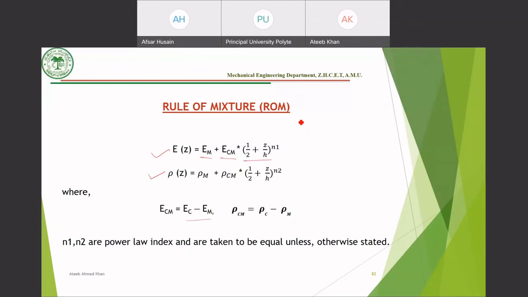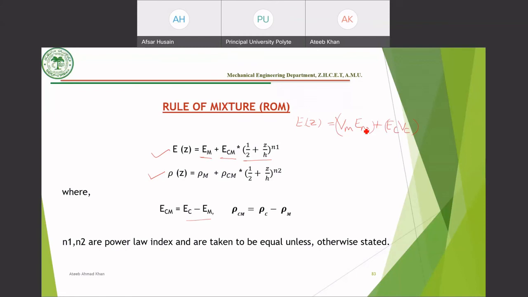Actually, the rule of mixture says that the Young's modulus at any point Z will be equal to the volume fraction of metal times the Young's modulus of metal, plus the Young's modulus of ceramic times the volume fraction of ceramic. This is your actual rule of mixture.